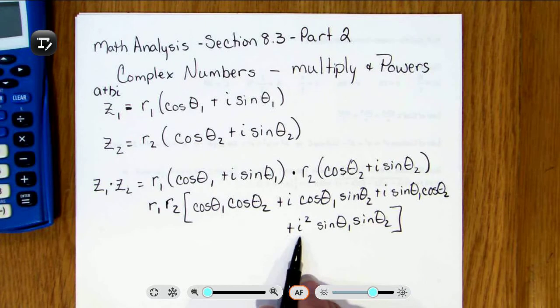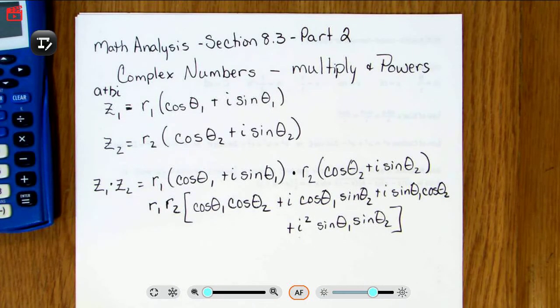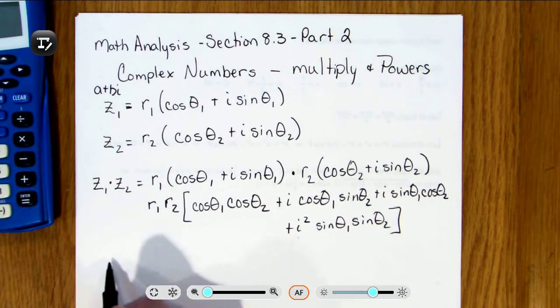Now you can remember that I squared is -1. So I'm going to change this to a -1, and I'm going to take these two pieces and write them next to each other, and then out of these guys I'm going to factor an I out.